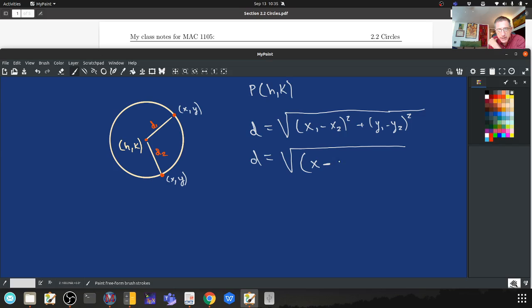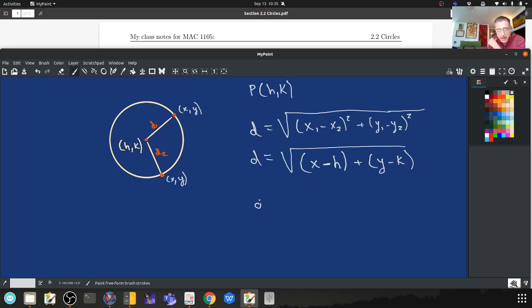That single point has the h value, the x value is h, and the y value is k. So any point xy, that's the reason I took the subscript off, any point xy from the point hk is going to be the same distance.